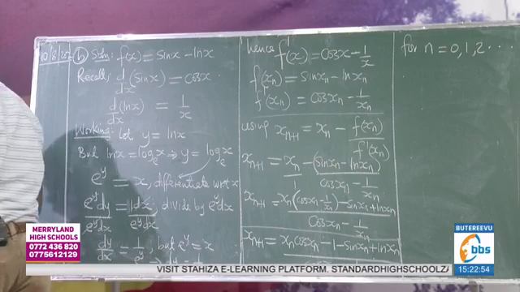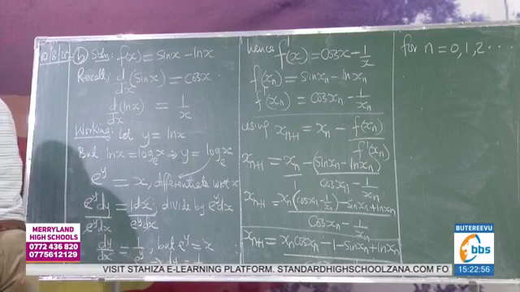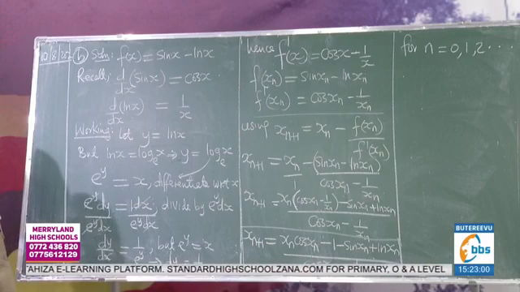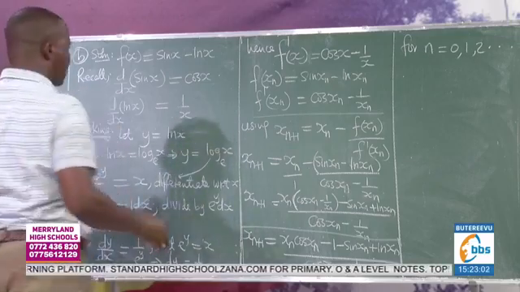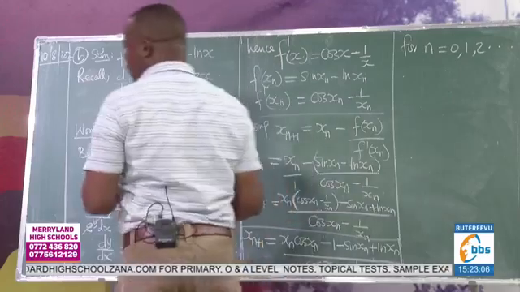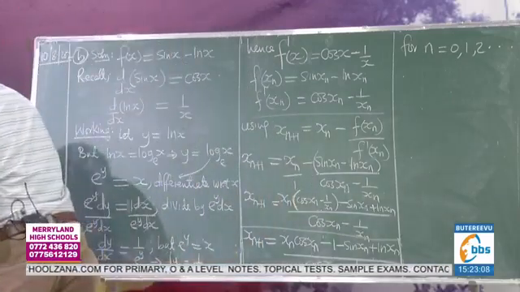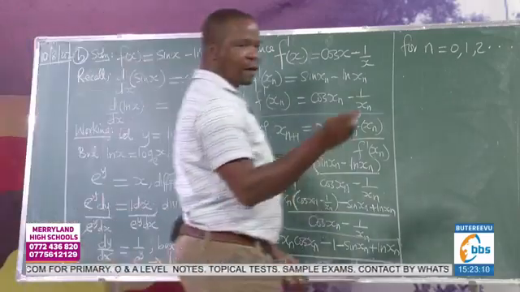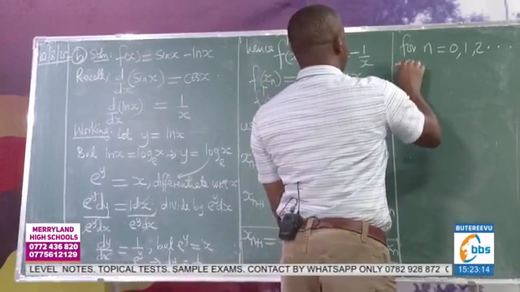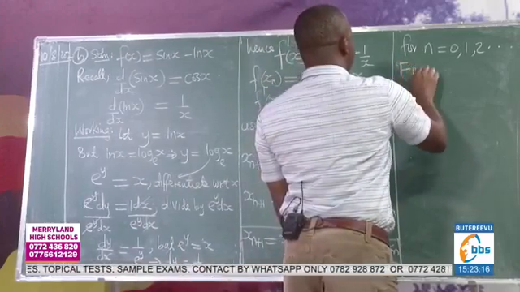Before we go to number 4, there is a question that was not captured. Let us focus on that question. They are telling us to find the root of this equation. We are still on this number. There is a part where they are saying, find the root.